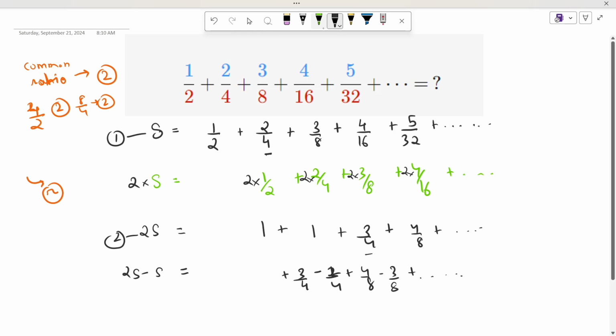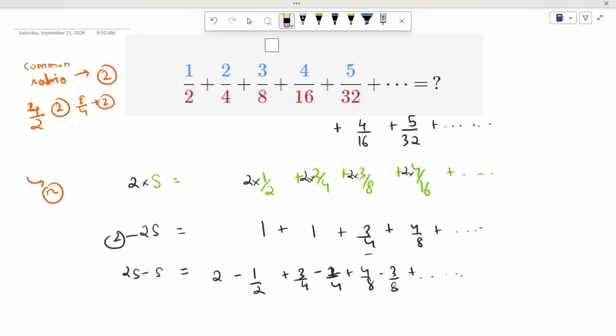We haven't written the starting terms yet. That was 1 plus 1, that was 2, and minus 1 by 2. For this, let me erase the first equation. We don't need the first equation because we have used it.